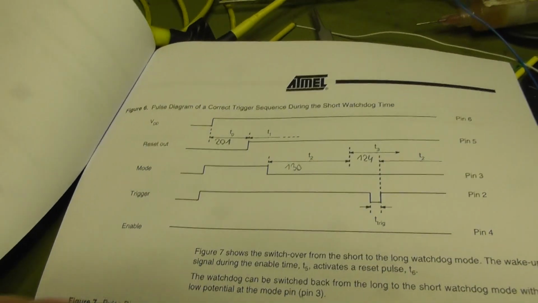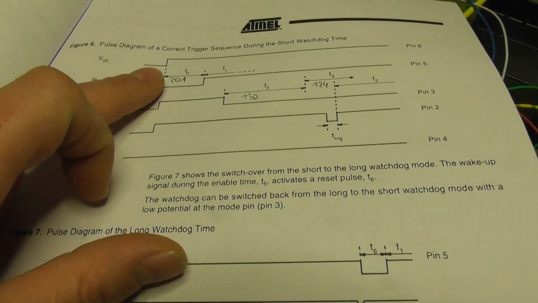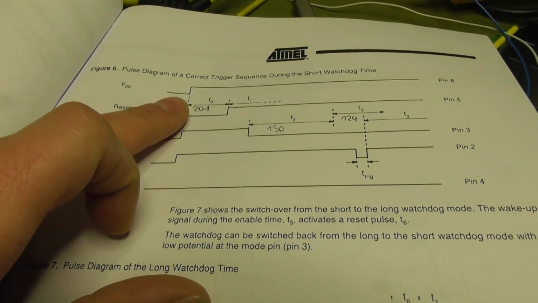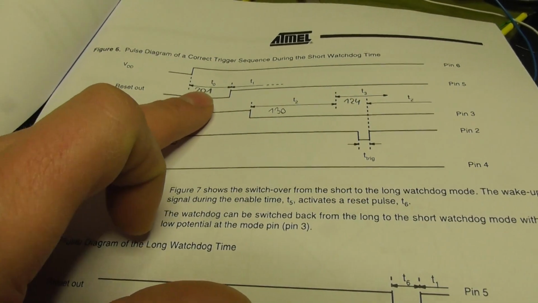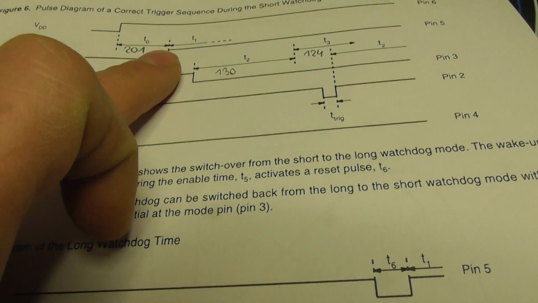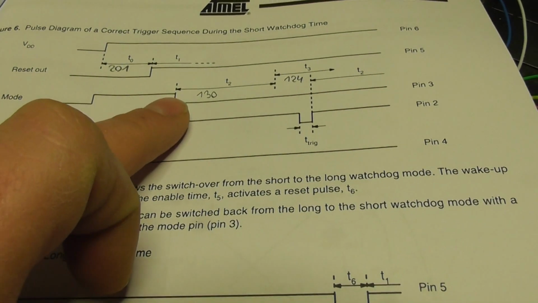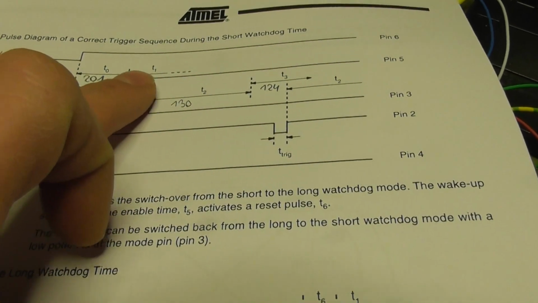Now, let's explain this chart here. After the supply voltage of the watchdog goes high, it takes this time here, 6.7 milliseconds, until the reset output goes high. And then this time here starts T1.